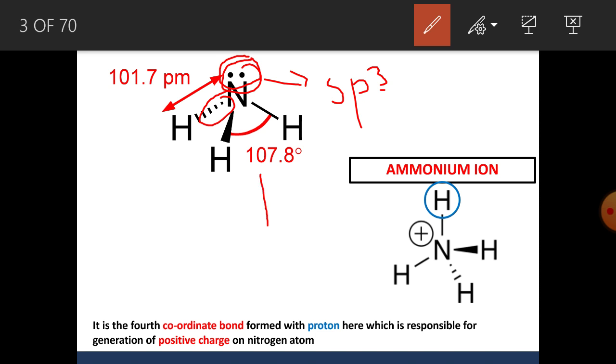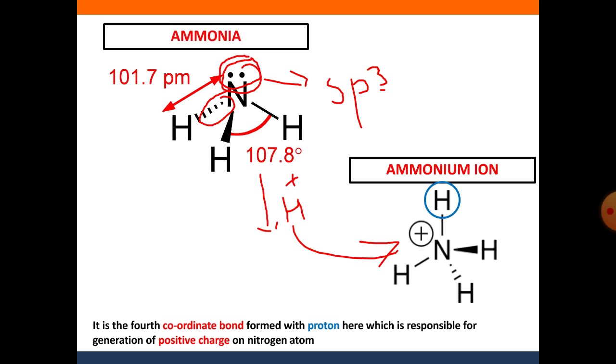When it accepts a proton, it is converted into the ammonium ion. This ammonium ion has to be shown by a plus sign because there is formation of a new bond, and that is why the valency becomes 4.